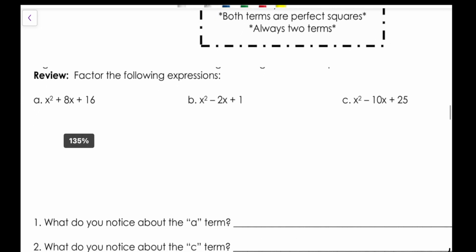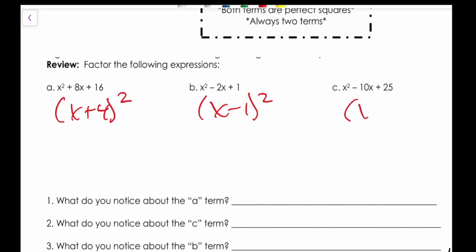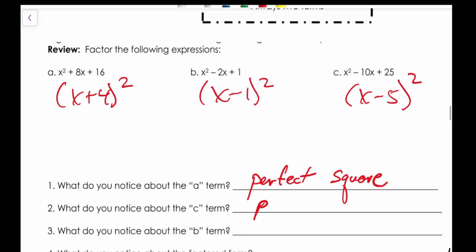Now here's some other kinds of special products. This one is x plus 4 squared. This is x minus 1 squared. And this is x minus 5 squared. Again, I know because there's a pattern. The A term, perfect square. It's x squared. The C term is also a perfect square.